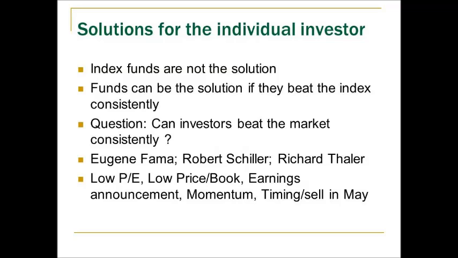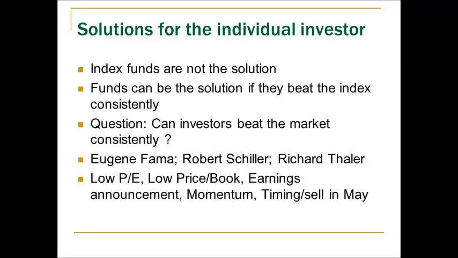The big question is, can investors beat the market consistently? Here's a list of famous economists and researchers that have dug into this question: Eugene Fama, Robert Shiller, Richard Thaler. Some of them are Nobel Prize winners, and they've discussed this matter at great length.